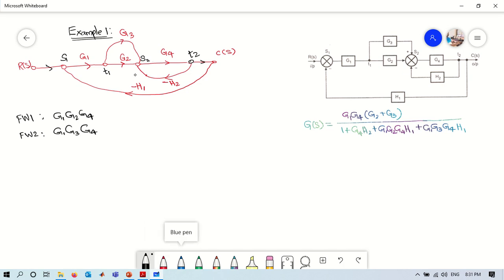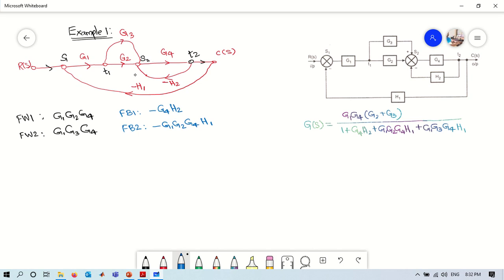So let me take the feedback loops. Feedback 1: G4H2, this loop comprising of this. So I can take this as minus G4H2. And let me take another feedback path comprising of G1, G2, G4 and minus H1. So I can write this as minus G1 G2 G4 H1.